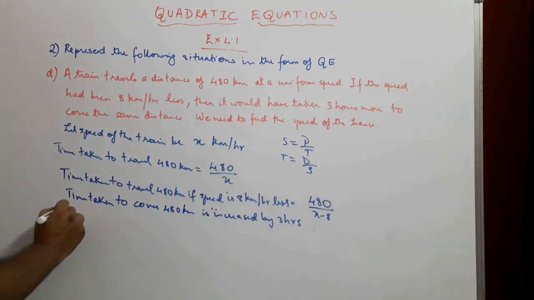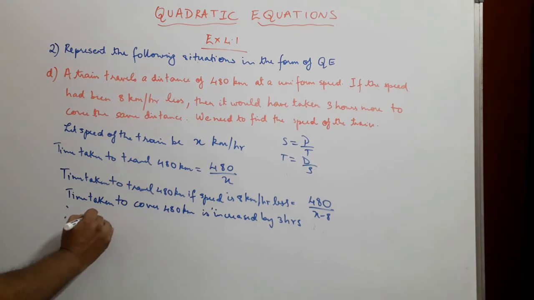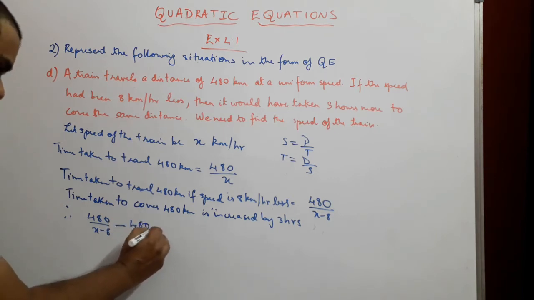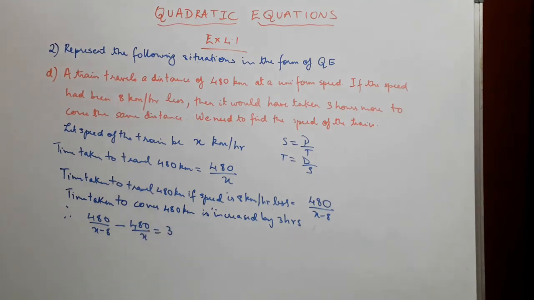Therefore we put 480 upon x minus 8 minus 480 upon x equal to 3.